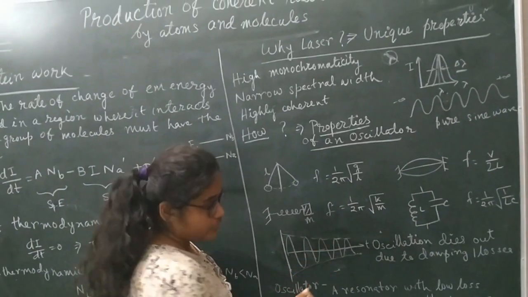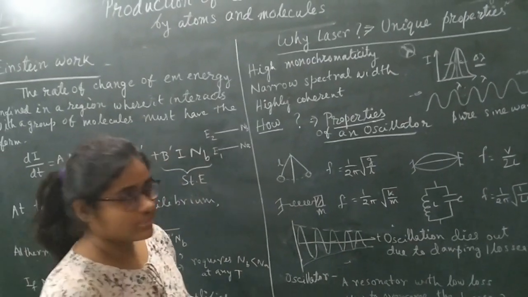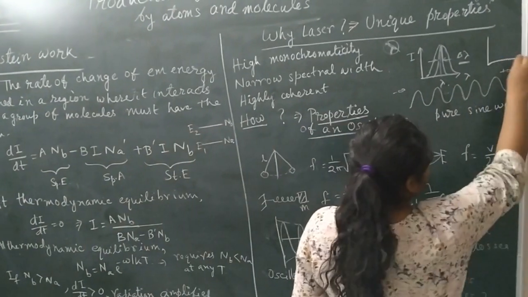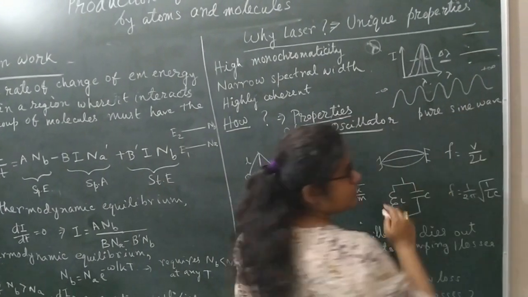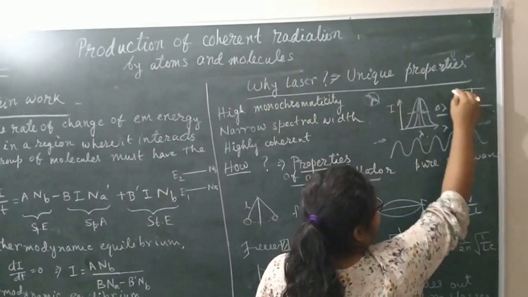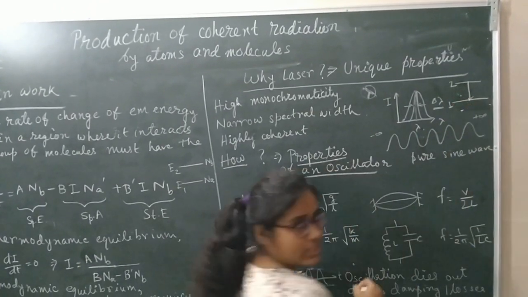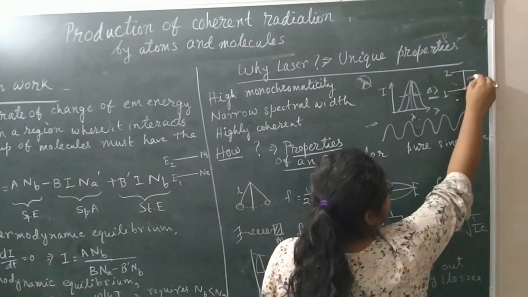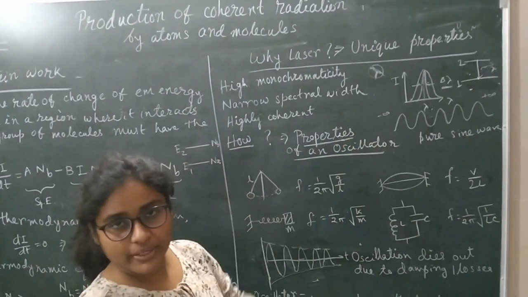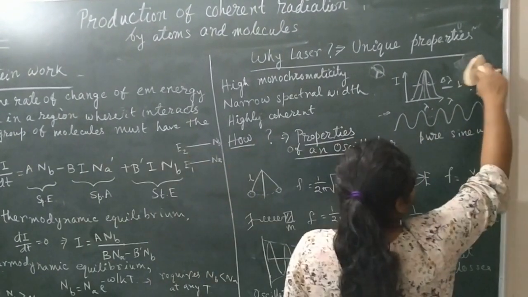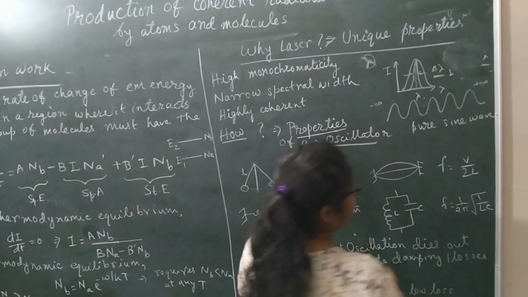Now I am asking a question: if you have a single frequency line, suppose there are two levels and there is a transition from the upper level to a lower level, so you will get a single wavelength lambda, and you want to find the spectrum in terms of frequency and intensity. How do you plot it?